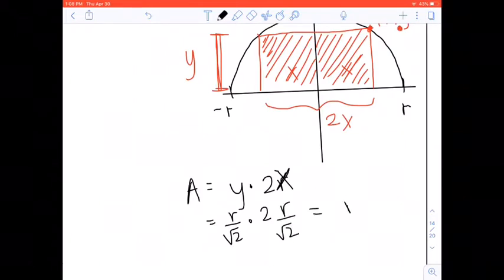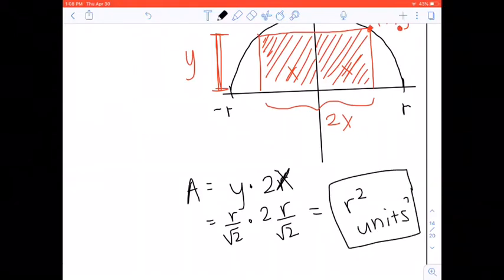When you work this out, you get an area of r squared units squared. And that would be your maximum area. And again, the height of your rectangle was equal to r over rad 2, and then your 2x here would be 2r over rad 2.